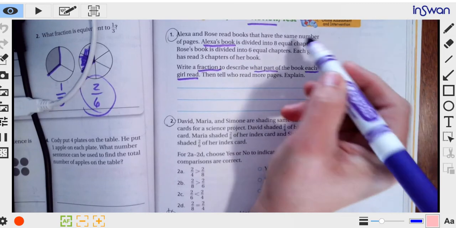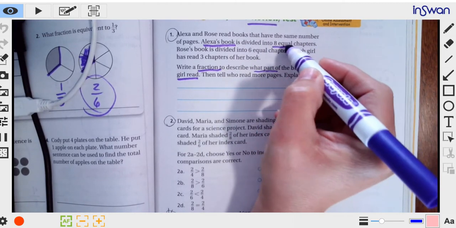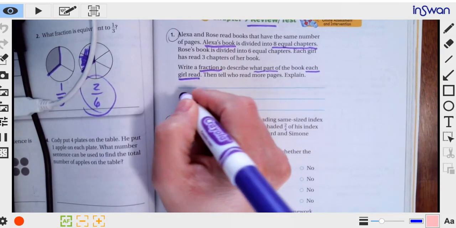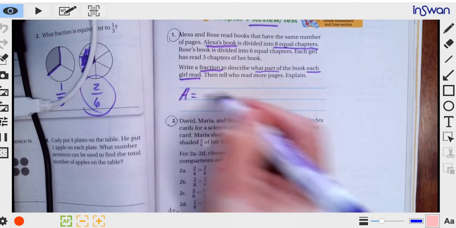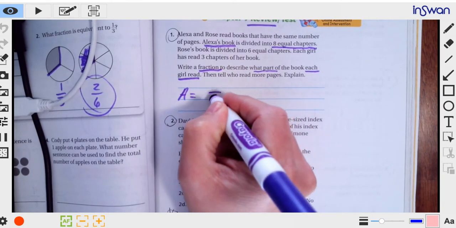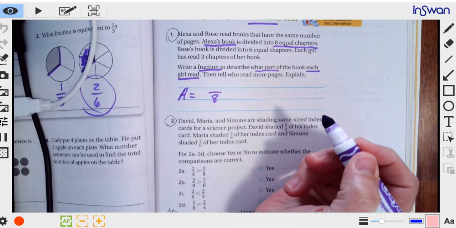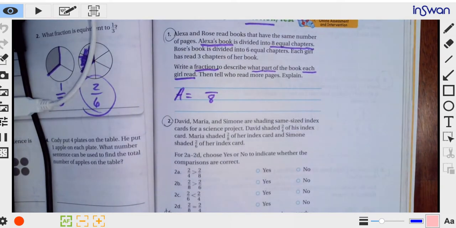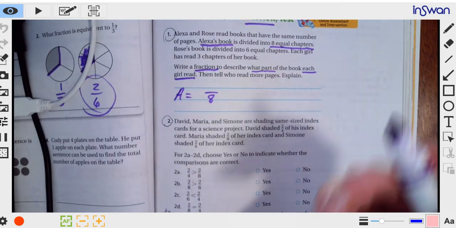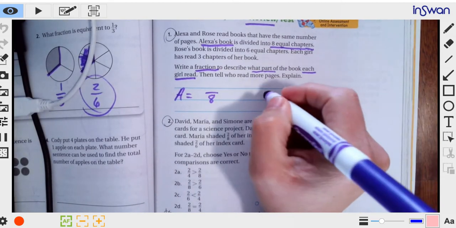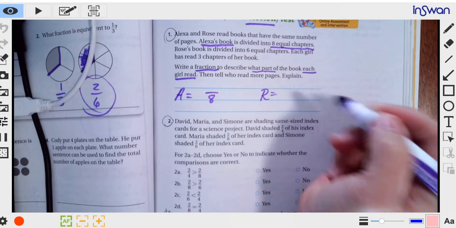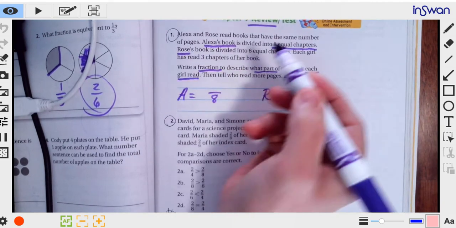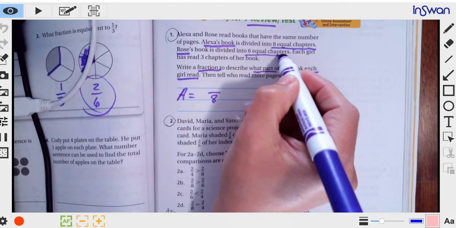Alexa's book was divided into 8 equal chapters. So I'm going to put Alexa down here, 1A. And it was 8 equal chapters. I know that's going to be my denominator because that's the total. It was 8 equal chapters of that total book. Okay, Rose's book is divided into 6 equal chapters.